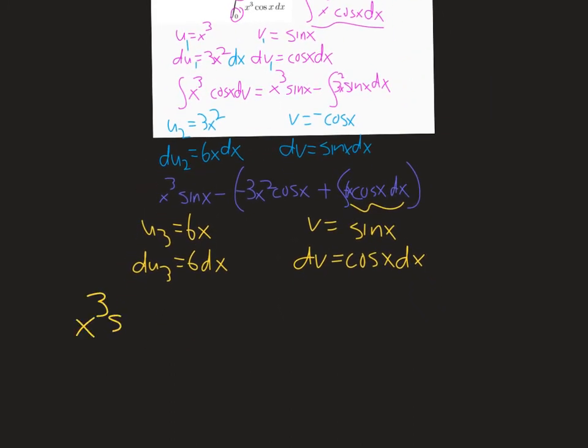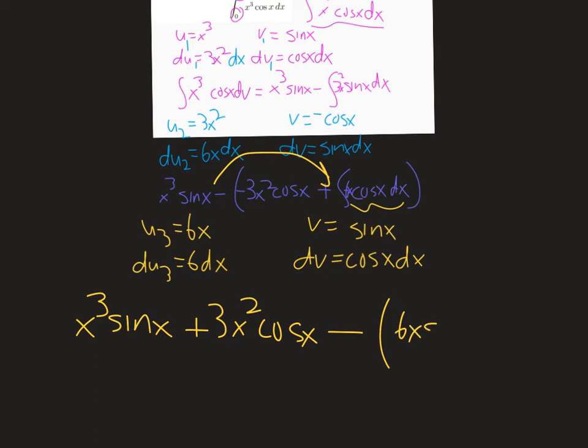So now I'm going to have x cubed sine x plus 3x squared cosine x minus u, I got a minus because of distributing, u v minus the integral of v du. All right, so I'm almost done.